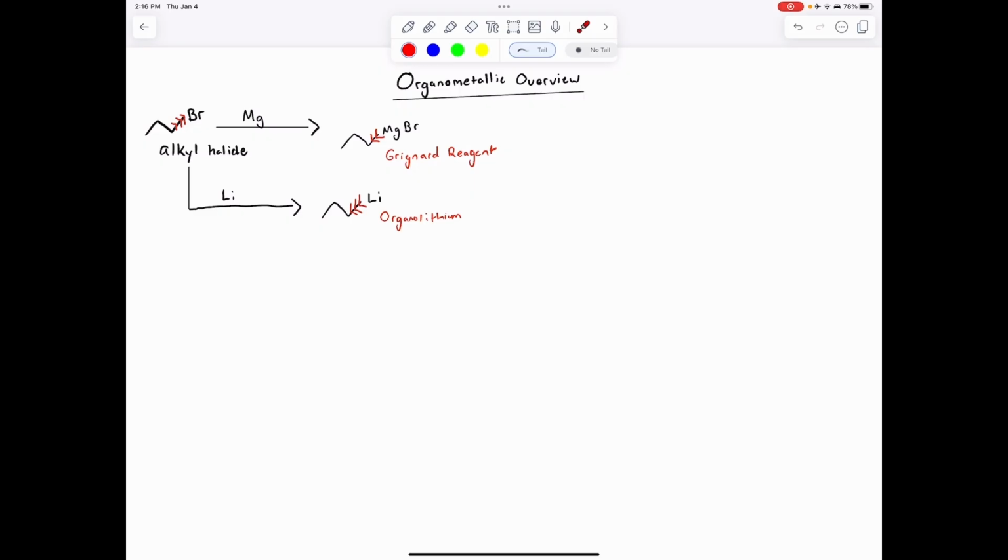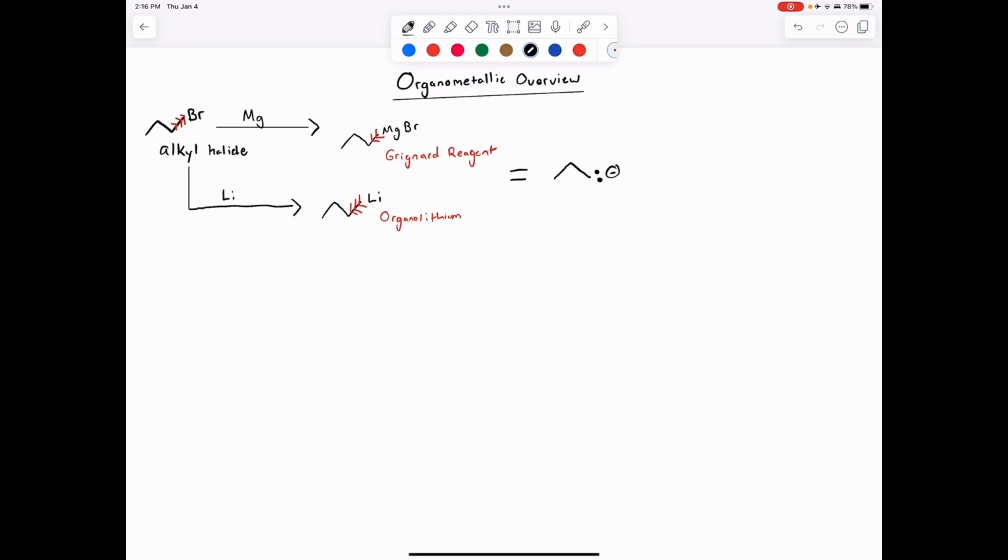The massive consequence of that is the way I want you guys to think about this is that no matter what, both of these compounds are essentially a carbon with a negative charge. Carbon pulls on those electrons so hard that it essentially owns the electrons in the bond.